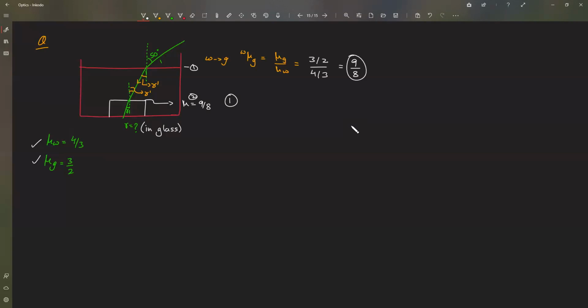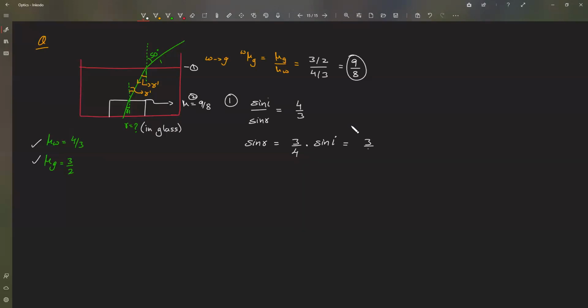So at surface 1, you have sine I divided by sine R is equal to the refractive index of water, which is 4 divided by 3, correct? So from there, you must have got sine R is equal to 3 by 4 into sine I, which is sine 50 degree.